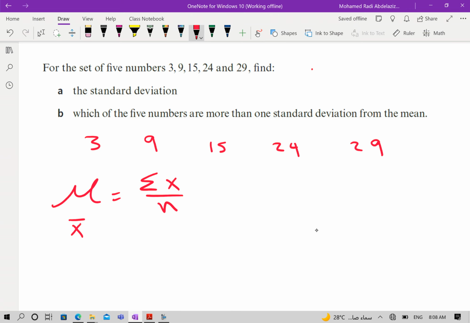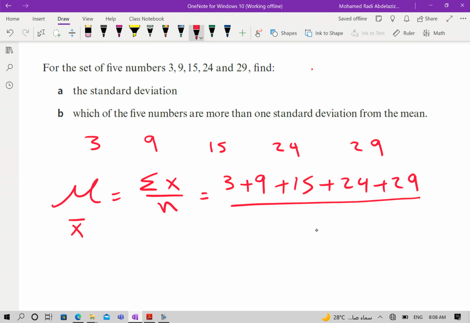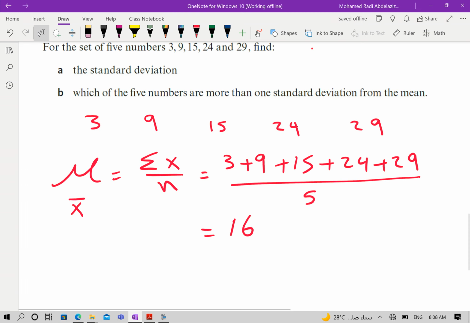How to calculate it? Sum of x: 3 plus 9 plus 15 plus 24 plus 29, all divided by 5. The answer is 16. Same mu, yes.